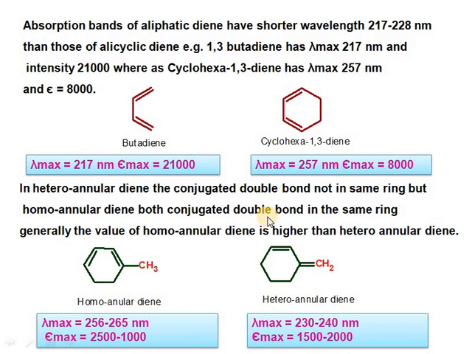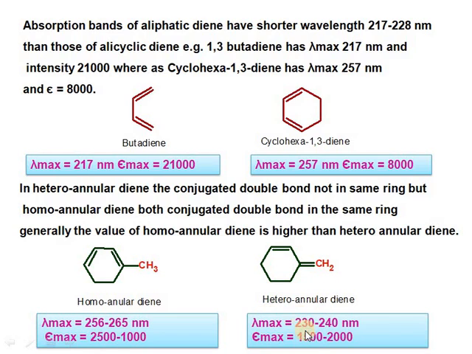Right. So with both conjugated double bonds in the same ring, generally the value of a homoannular diene is higher than that of a heteroannular diene. For homoannular dienes, the lambda max is 256 to 265 nanometers, with an extinction coefficient of 2500 to 1000.